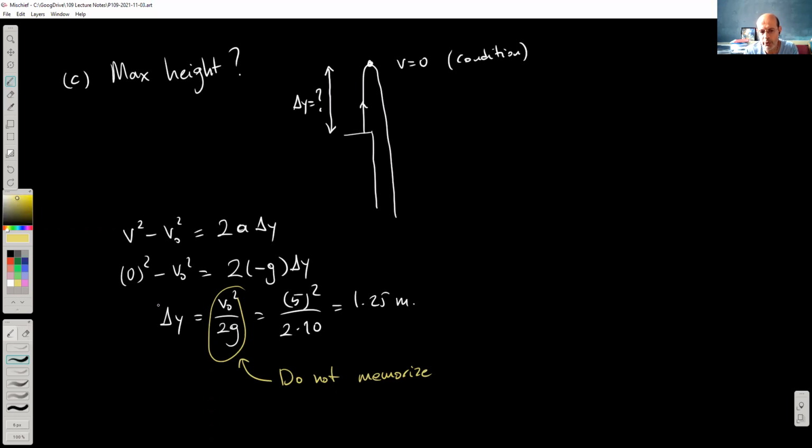The best thing you should do is to memorize only the 4 formulas that we wrote down at the beginning of the kinematics. These are the constant acceleration formulas. Just try to keep them in mind. There might be easier ways to remember them.